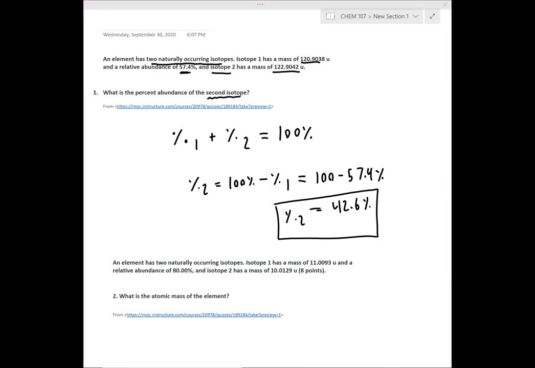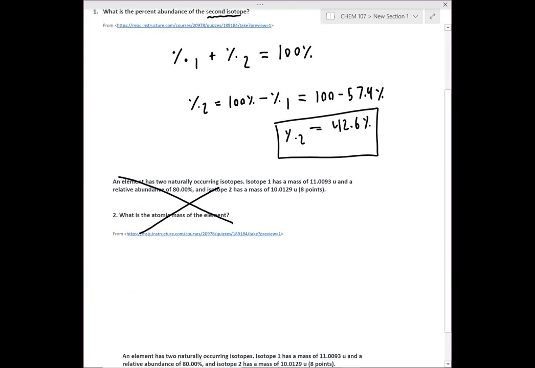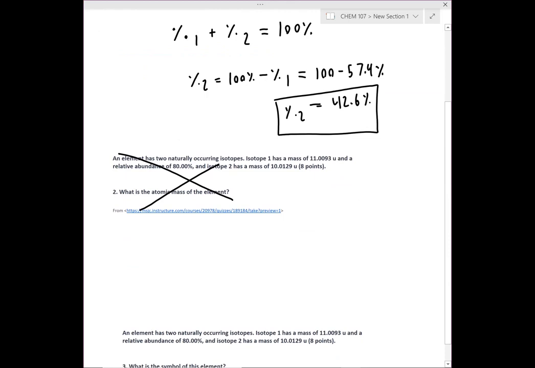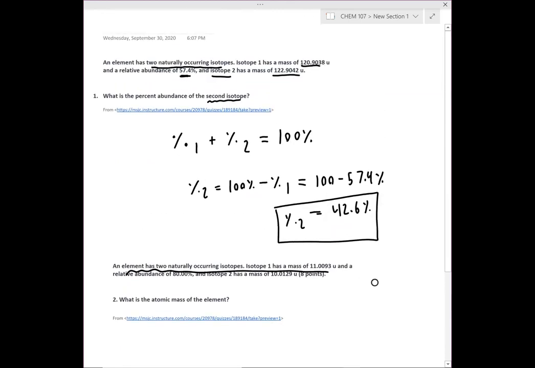Now that we have this information, I'll make sure to get this corrected in the final version, but moving on from here, let's carry through this example and let's try to calculate the atomic mass of our element.